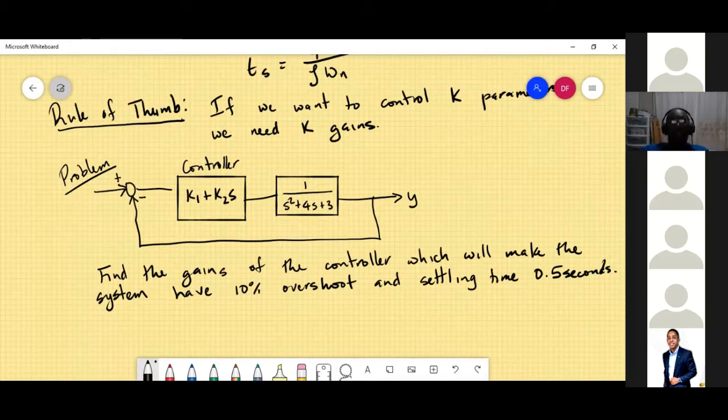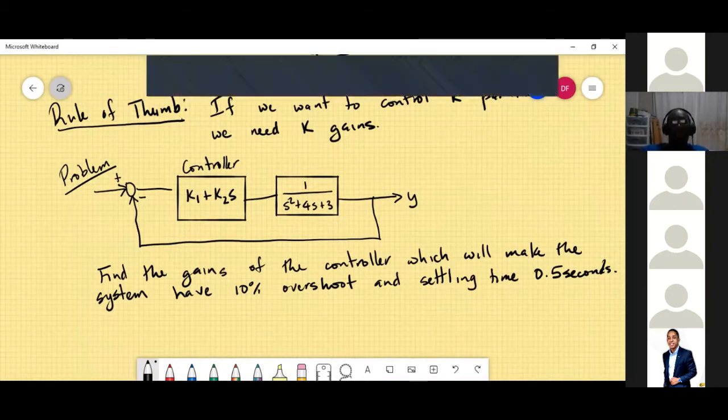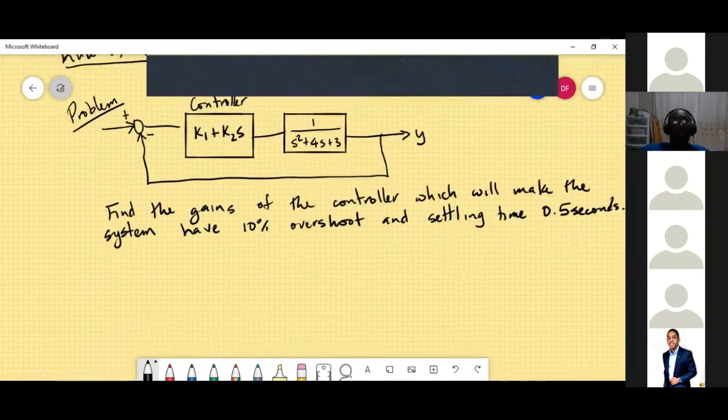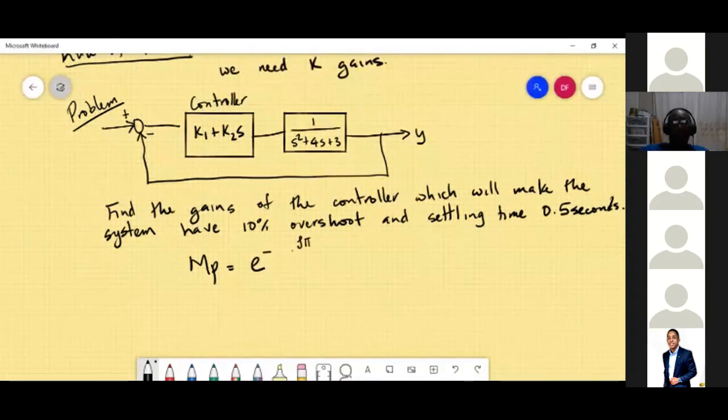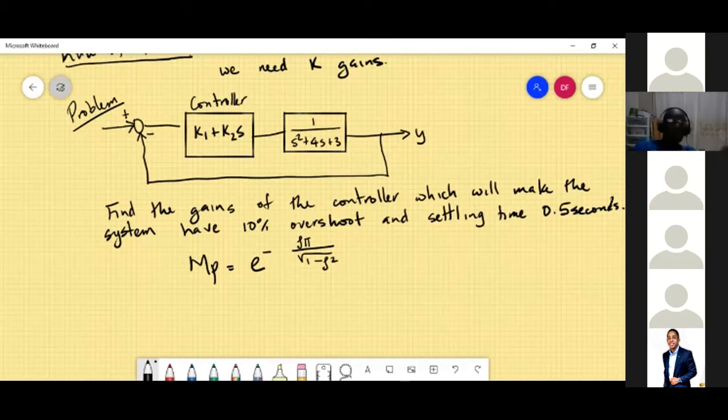All right. So first thing, peak overshoot. Let me get the calculator.